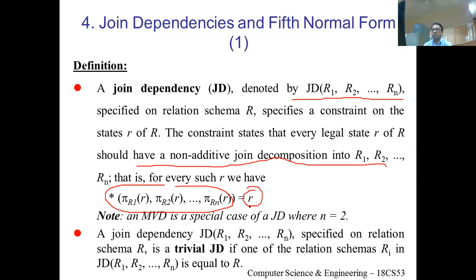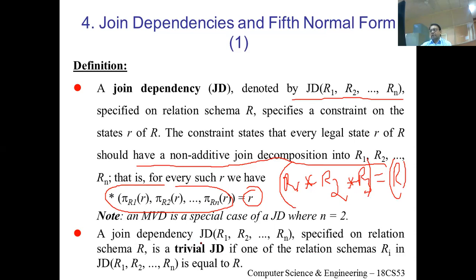If you perform the natural join operation on all the relations, that is R1 star R2 star R3, that means if we decompose R into three, the total number of tuples in R should be equal to the total number of tuples from the natural join result.